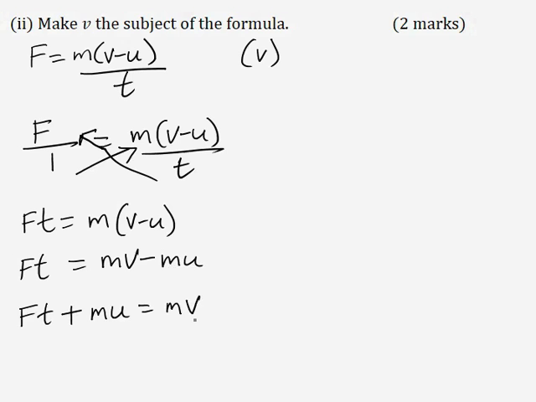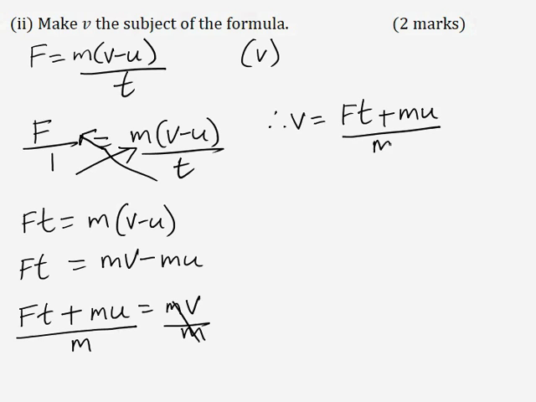So we can get V alone here by dividing both sides of the equation by M. M cancels, so therefore V here is equal to Ft plus Mu all over M.